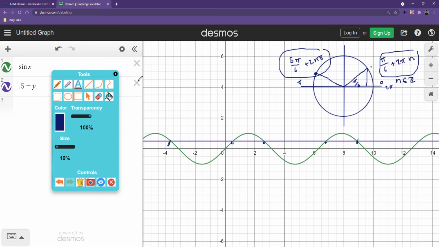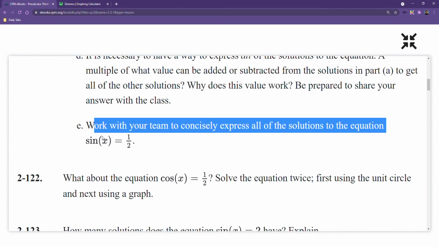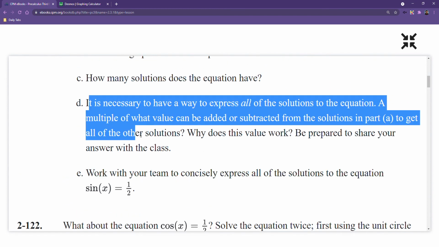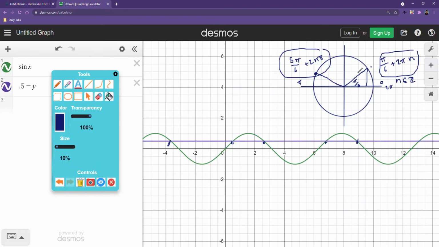Okay, I hope that makes sense there, folks. That's answering problem E and D, right? To express all of the solutions, we use this notation, if you will.